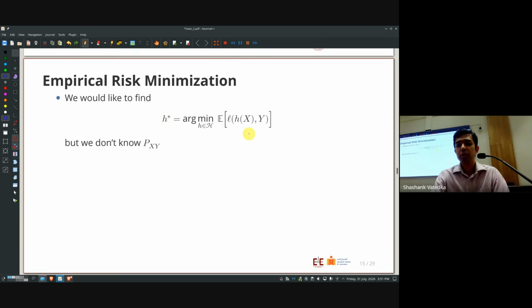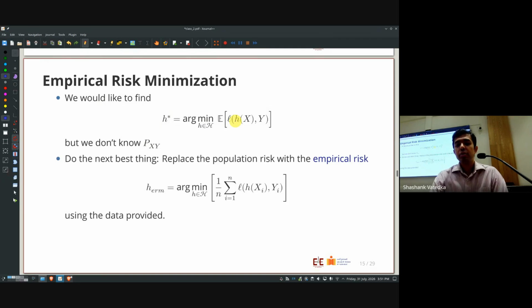So you can try to approximate this ensemble average by a sample average. So instead of minimizing the population risk, you try to minimize this so-called empirical risk, where you take 1 over n times the summation from i equal to 1 to n of the loss function computed over these individual samples. In other words, you have this training data set, you look at the average loss over this training data set and you try to minimize this.